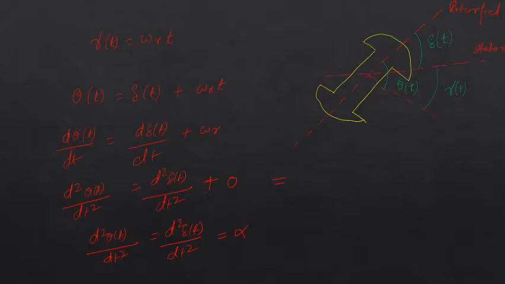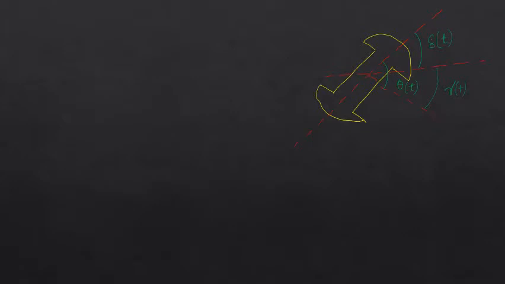So I can say that d square theta t upon dt square is equal to d square delta t upon dt square, that is your alpha.